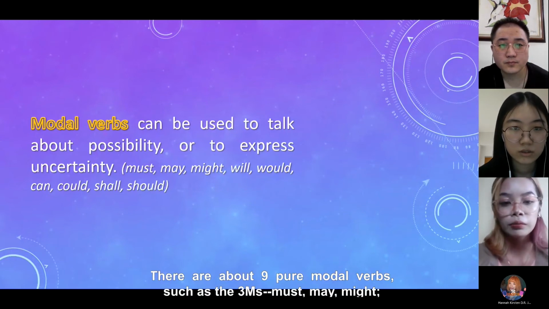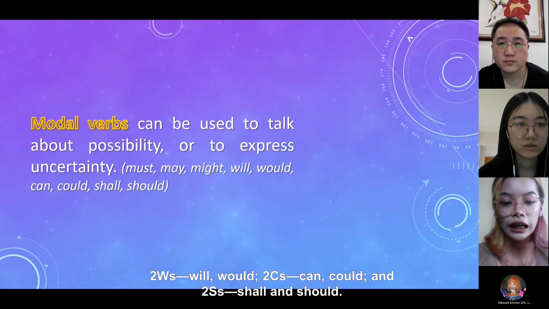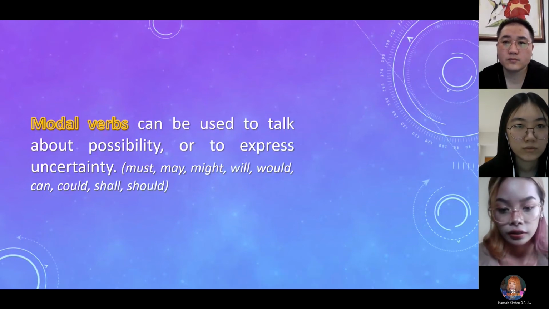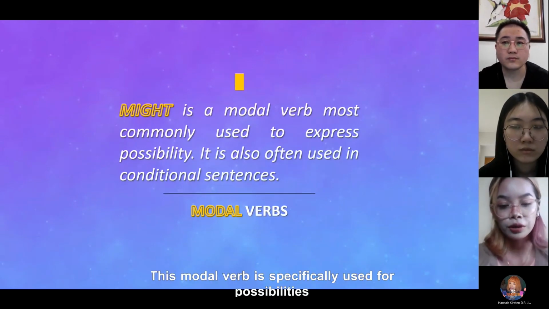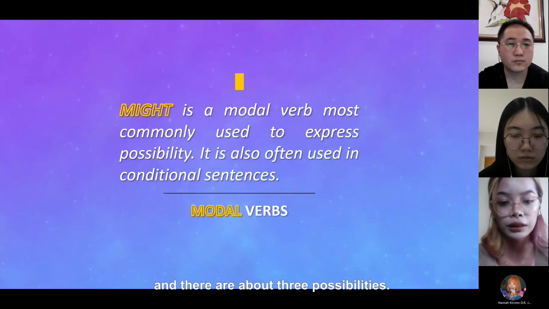There are about 9 pure modal verbs, such as the 3 M's: must, may, might; 2 W's: will and would; 2 C's: can and could; and 2 S's: shall and should. Our topic has been focused on the modal verb might. This modal verb is specifically used for possibilities, and there are about 3 possibilities.